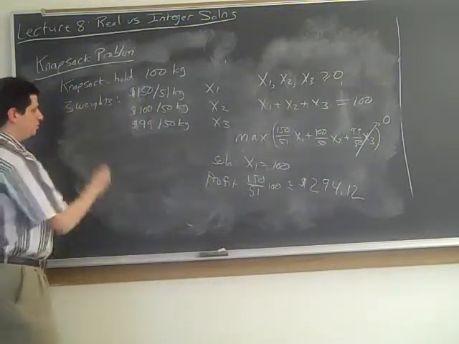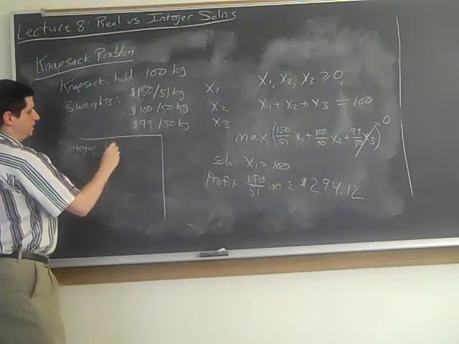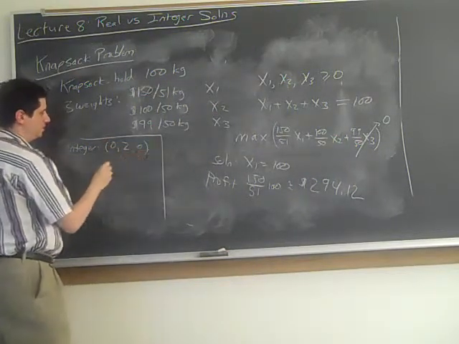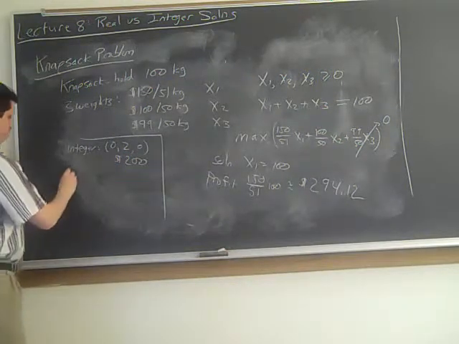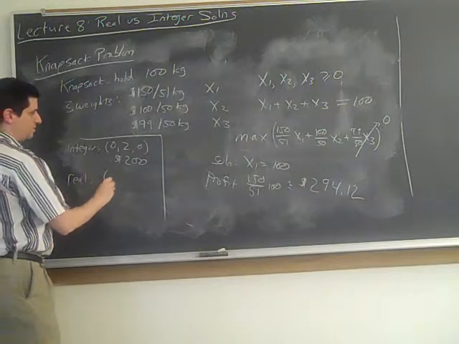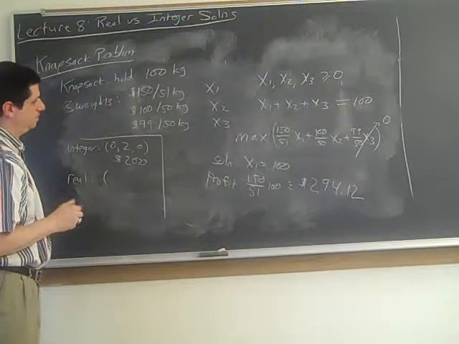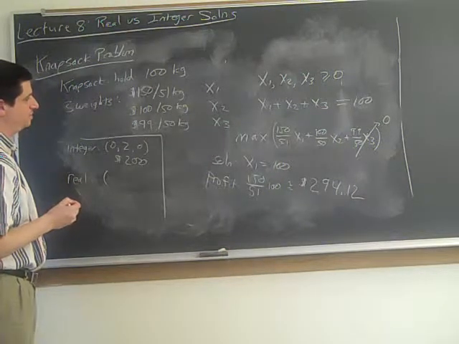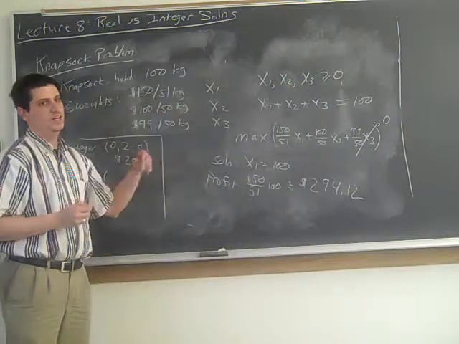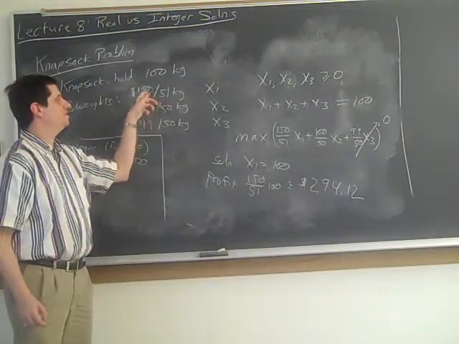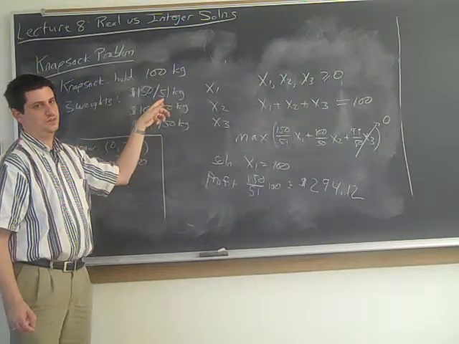Okay. So let's do a quick summary. In the integer case, the solution was 0, 2, 0, and we had $200. In the real case, the solution was 100. We've got to be a little bit careful now because this is $150 for a 51 kilogram unit, right?